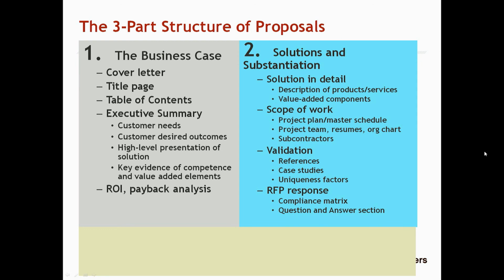We've got our proof points, including case studies and references. And this is also where all those Q&A components go in, the answers to all the questions they're asking in the RFP. The final part is the attachments, things like sample contracts, our financials.